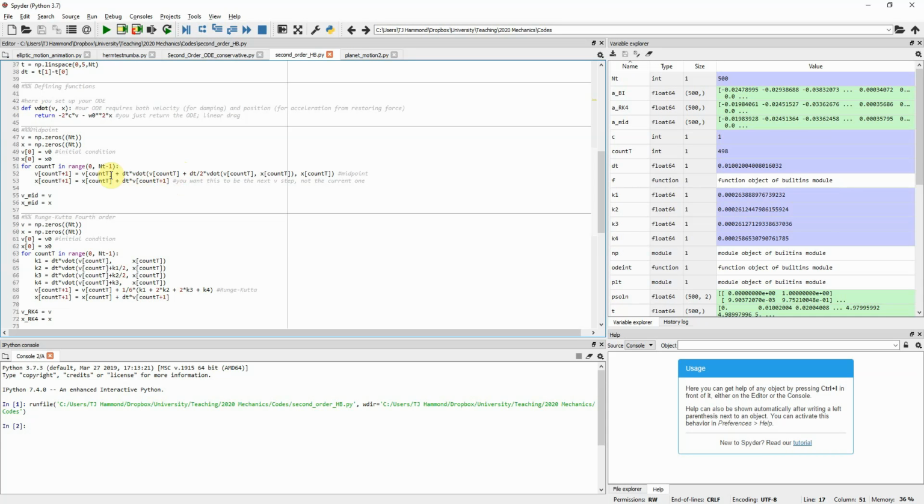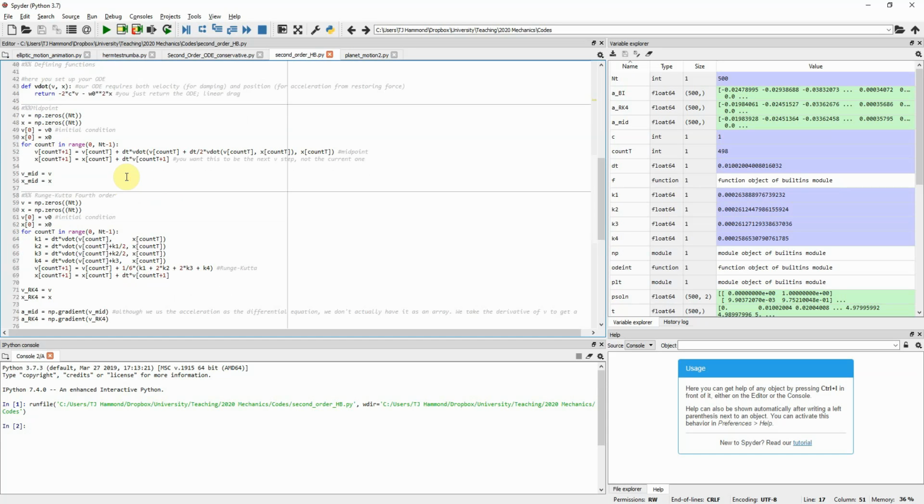And so although this looks like Euler, it basically is, but we've already solved the hard part here with the midpoint method, and then all we're doing is integrating whatever the midpoint method gives us. So that's all you need to do to solve for the second order differential equation.